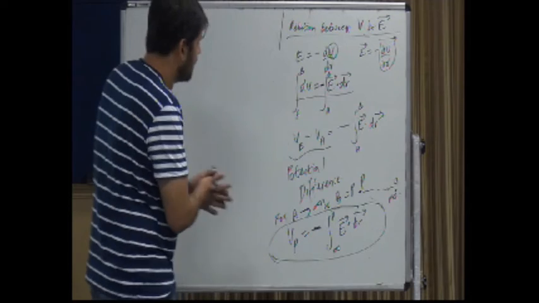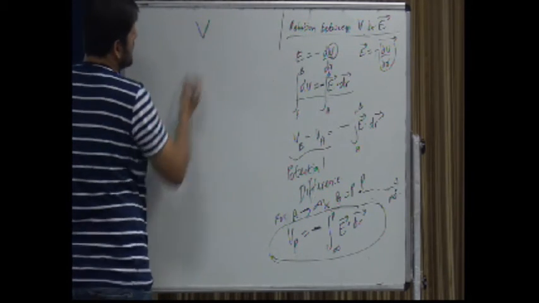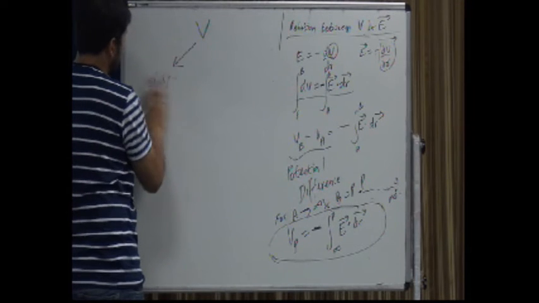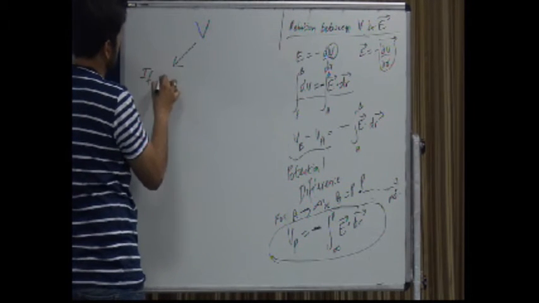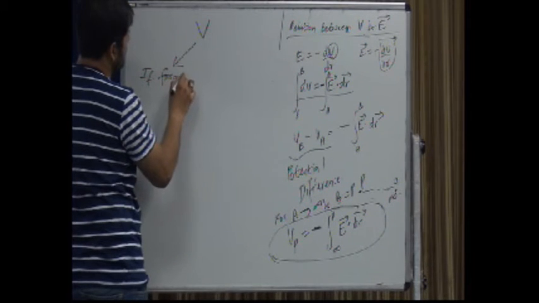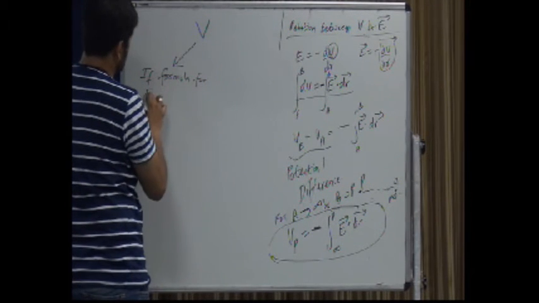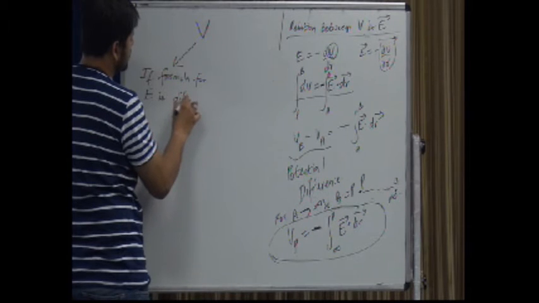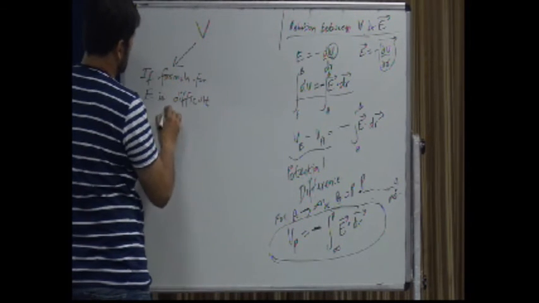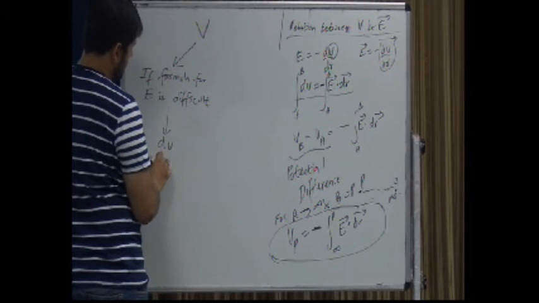Why were we doing all this? Because now we have two methods of finding V. One is find dV. If the formula for E is difficult, then we find dV and integrate.